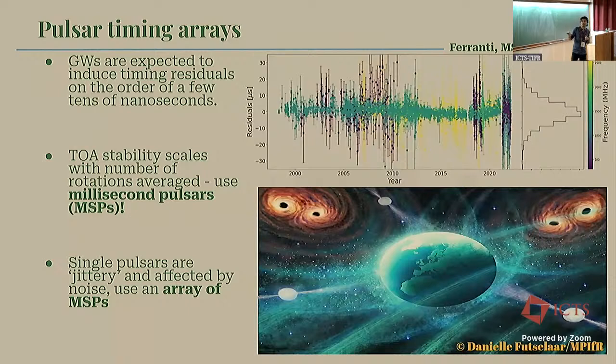We've already established that we want to use millisecond pulsars, because they are less noisy, but also because if you observe a millisecond pulsar for 10 minutes, it's rotating a few hundred times every second, and in 10 minutes you've put together many, many rotations. So the profile that you collect in 10 minutes will be stacked, and it will become super loud and super stable.